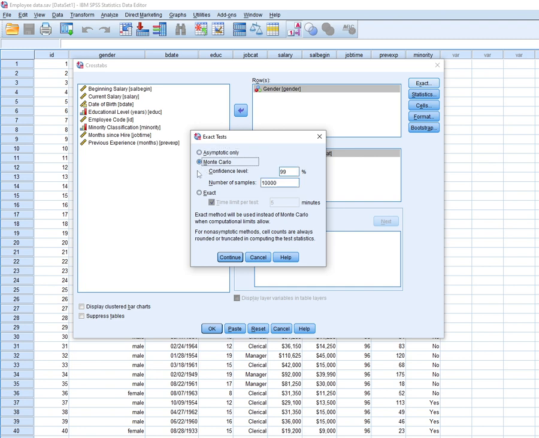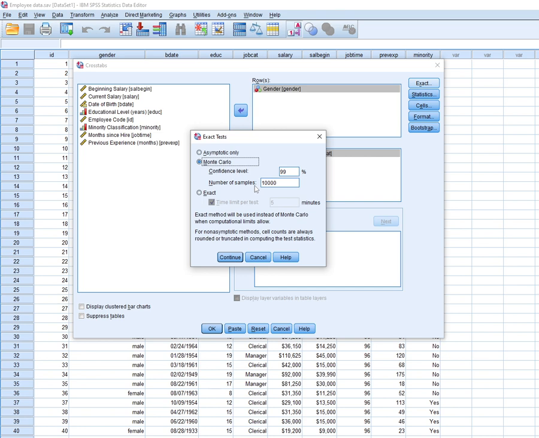With simulation, once you select it, you have the ability to choose your confidence level and also the sample. But because we are working under the assumption that our data is normal, because most of the tests I've been doing with you are what we refer to as parametric tests, which means you're assuming that your data is normal, you don't have to be doing the pre- and post-estimation tests.